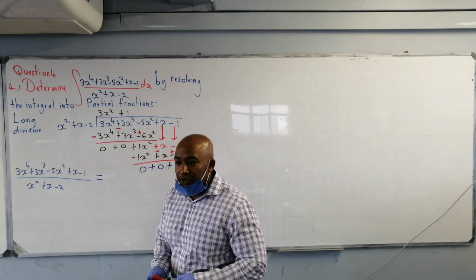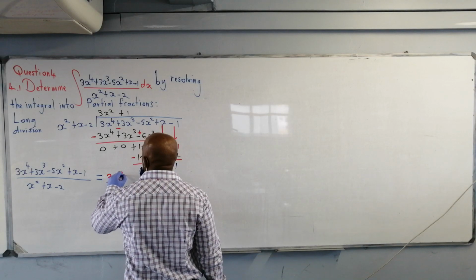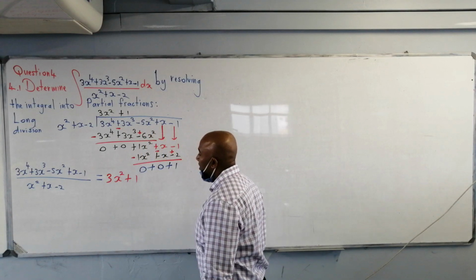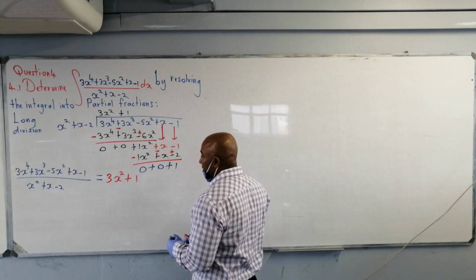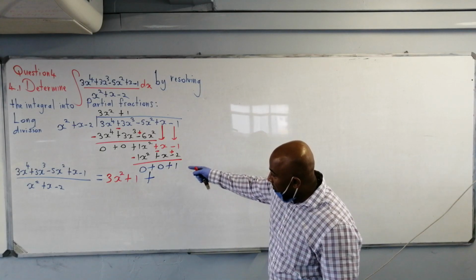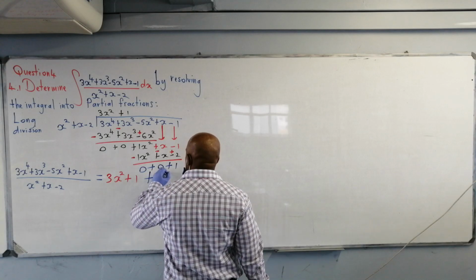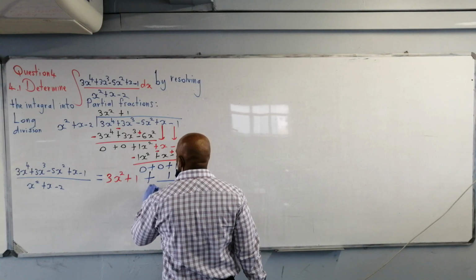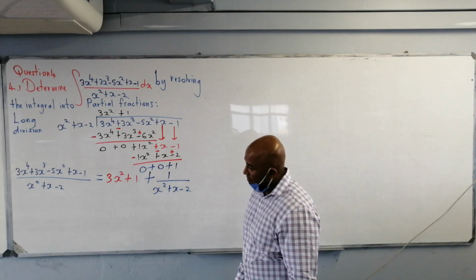And after using long division, we have 3x squared plus 1, which is what you see as your quotient there. Plus you always will add the remainder over the original denominator, the remainder over the denominator. That's plus 1 over x squared plus x minus 2.